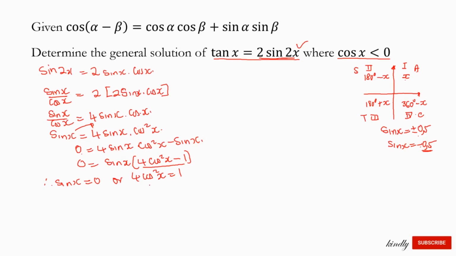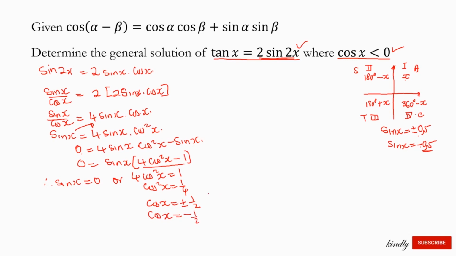Then we can say cos squared x is equal to 1 over 4, and then we square root both sides. So it becomes cos x is equal to positive or negative 1 over 2, because the square root of 1 over 4 is 1 over 2. And then we said cos x should be less than 0, so we're going to take cos x is equal to negative 1 over 2.